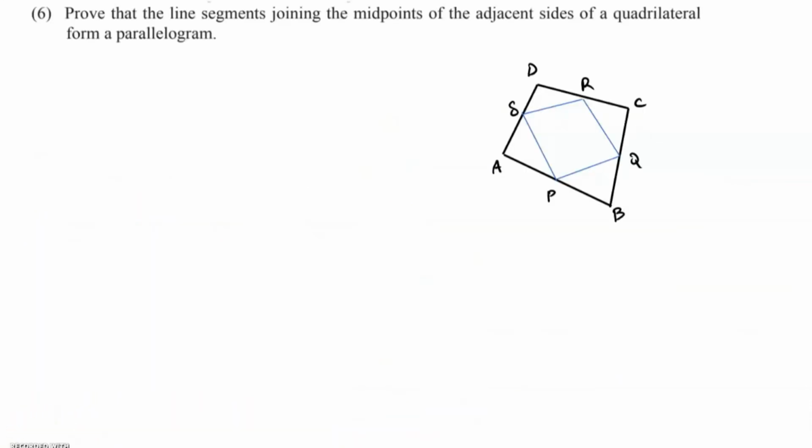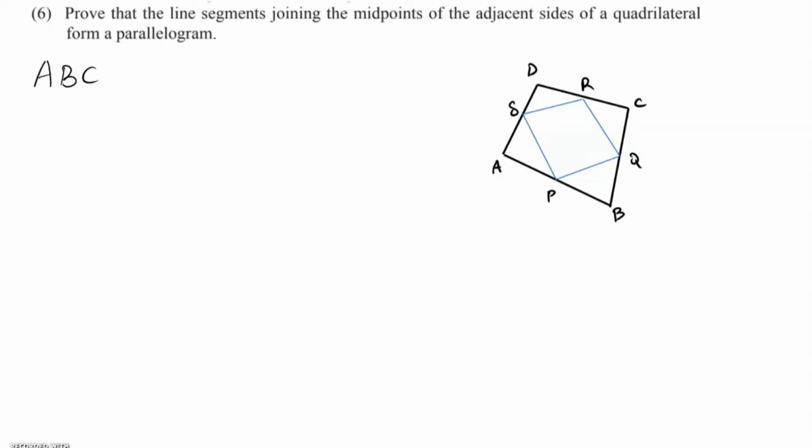In the next question, the question reads, prove that the line segments joining the midpoints of the adjacent sides of a quadrilateral form a parallelogram. So let's define ABCD to be our quadrilateral.